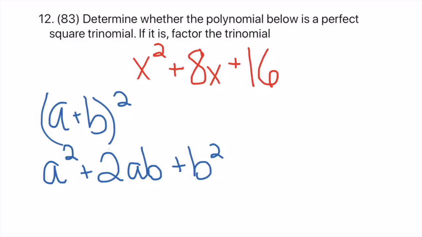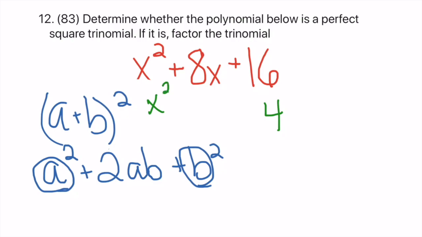So first, it looks like what we need to find is what our original a and b would have been. So this number before it was squared and this number before it was squared. So x squared would have just been x, and this number would have been 4.